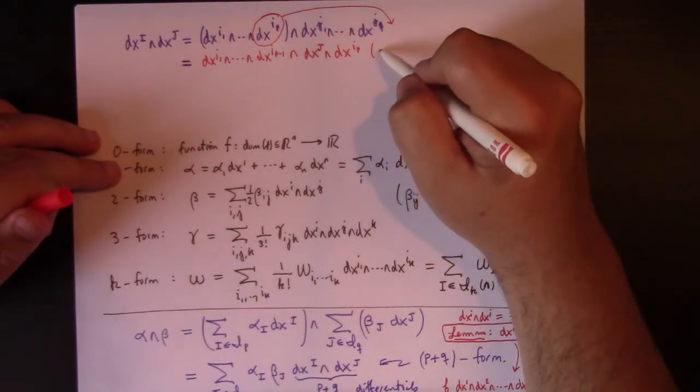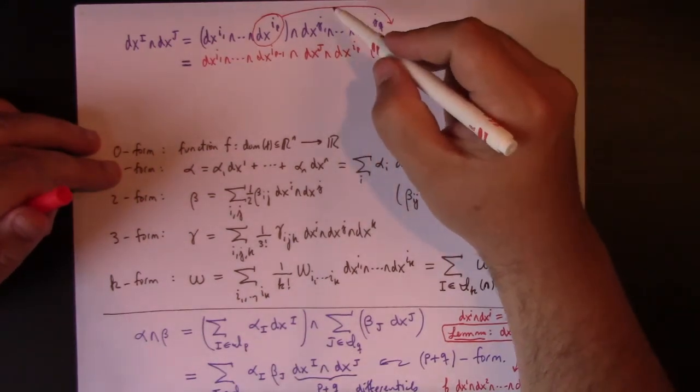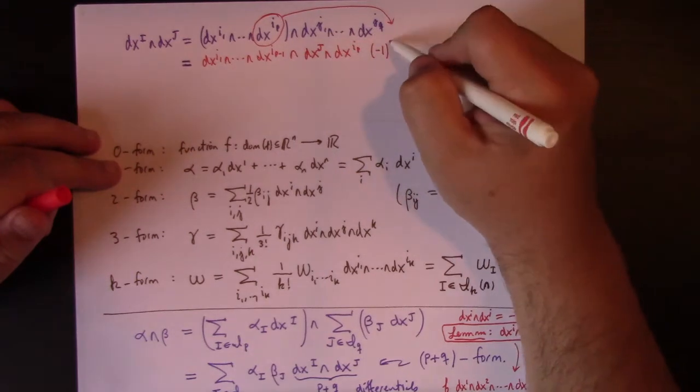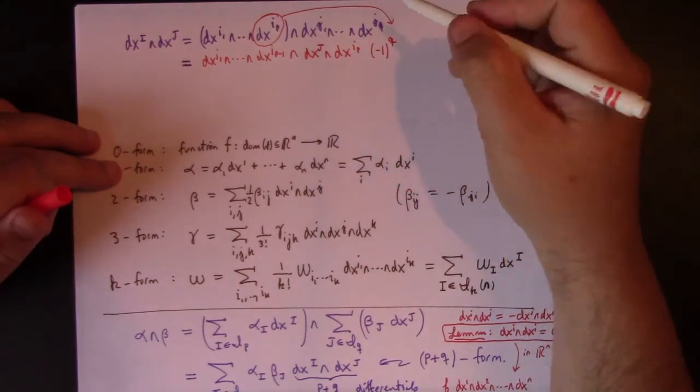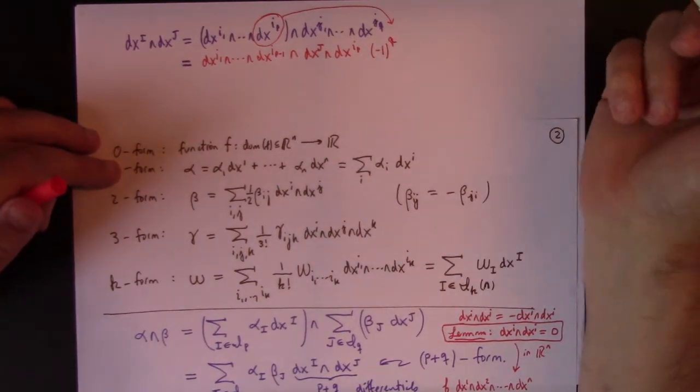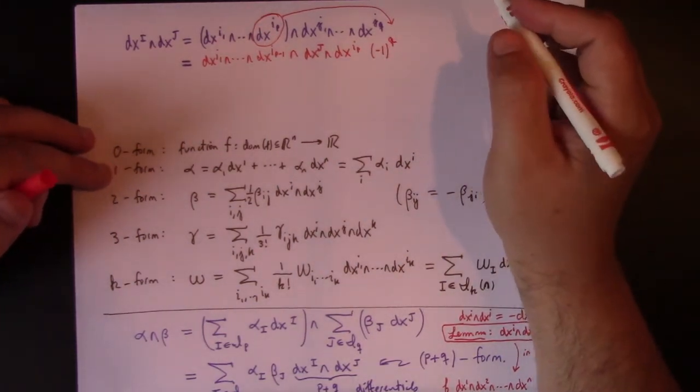And that generates minus 1, how many times? Well, q times. So minus 1 to the q, because it's minus 1 times minus 1 times minus 1 times minus 1 q times. Okay, great.